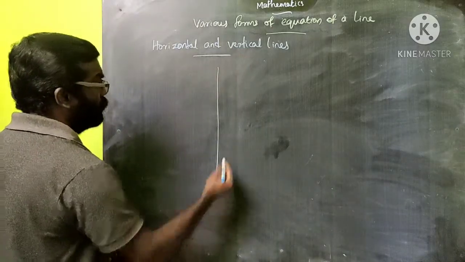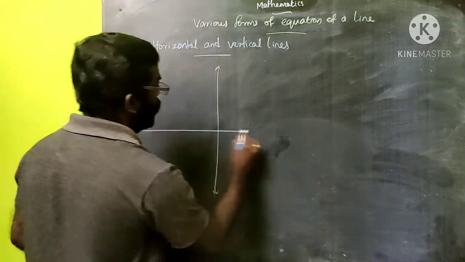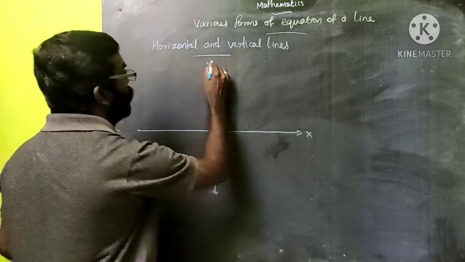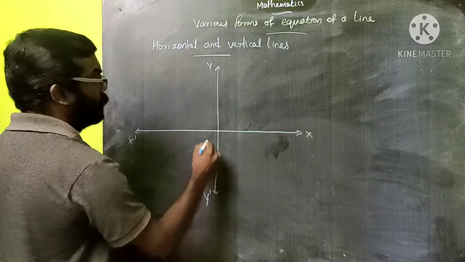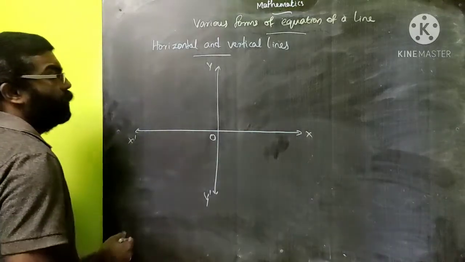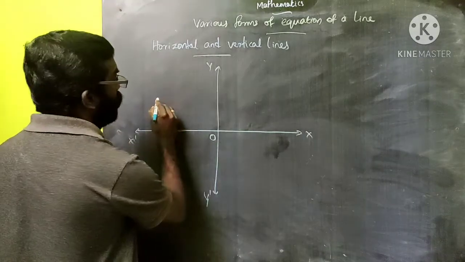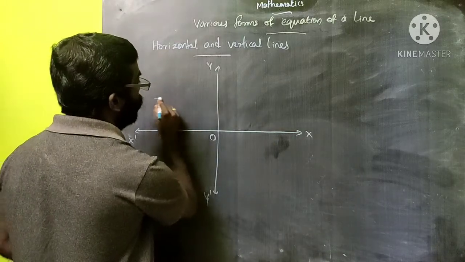Consider two axes, x-axis and y-axis. Here we can draw a horizontal line above the x-axis.